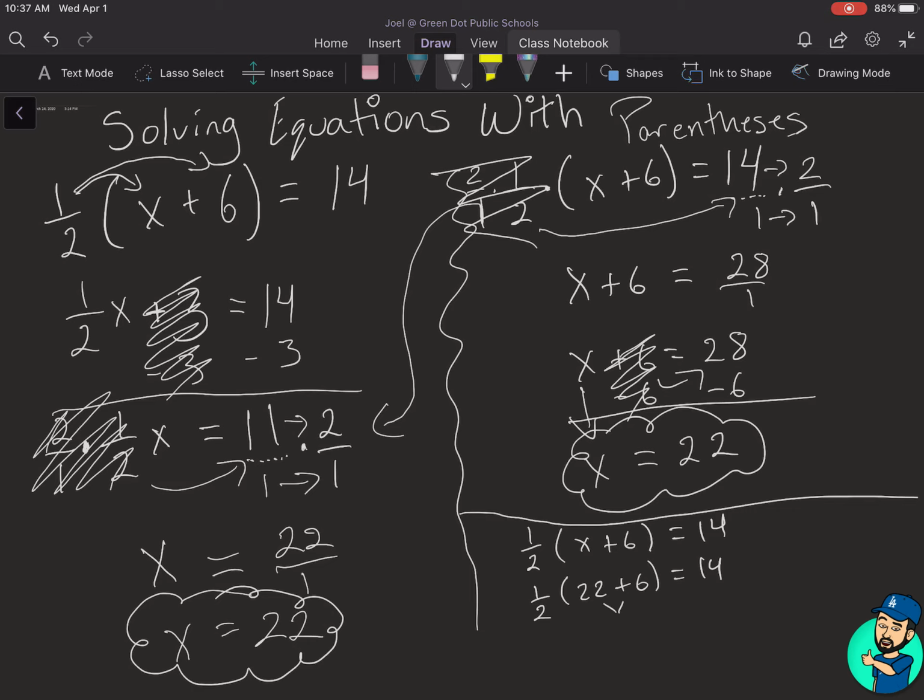So you need to add 22 plus 6, which equals 28. Now what's half of 28, or half times 28? Which again simply means what's half of 28? That is 14. Does 14 equal 14? Yes, it does. So x does equal 22.